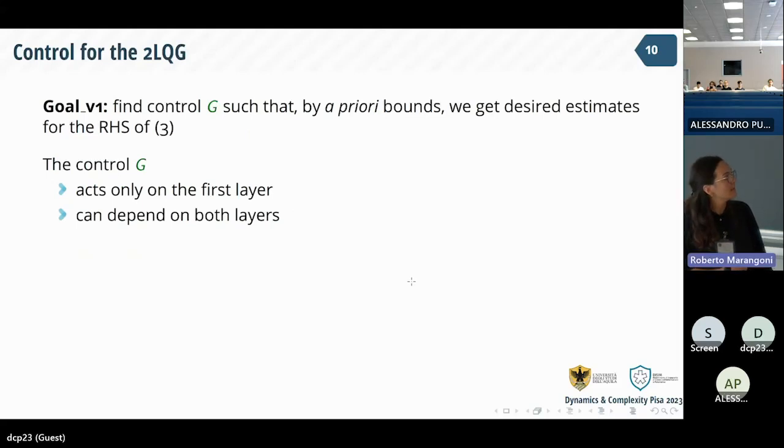Finding such a control is usually done by a priori bounds in a classical way. We can get the desired estimates for the right-hand side of the equation that we just looked at. Let me stress again that the control in our case has to act where the noise is, so it has to act only on the first layer, but can depend on both layers, on the controlled one and the uncontrolled one.